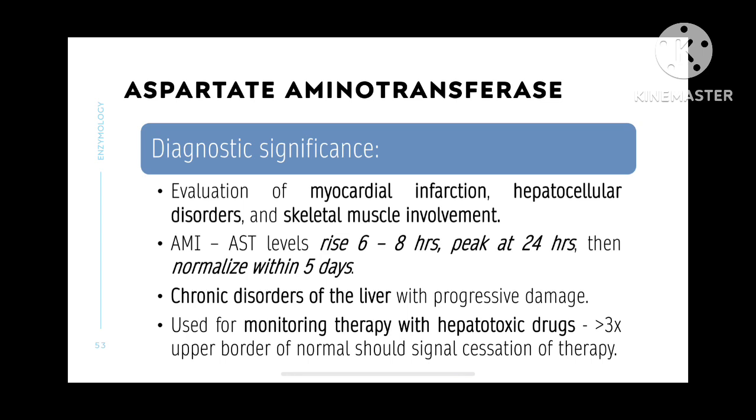In viral hepatitis, levels may reach 100 times the upper limit, and in cirrhosis, only moderate levels, approximately 4 times the upper limit. Skeletal muscle disorders such as the muscular dystrophies and inflammatory conditions also cause increase in AST levels around 4 to 8 times the upper limit.